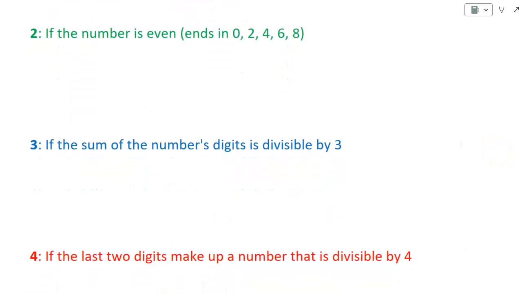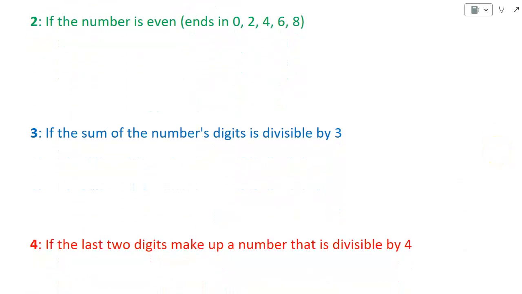Here's where we start going into the tricks, and you'll notice that I've colored some of these. As we scroll through, the similarly colored tricks are similar. For 2, if the number is even, it will divide by 2. In other words, it ends in 0, 2, 4, 6, or 8.